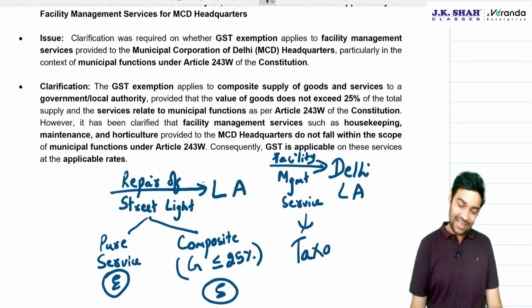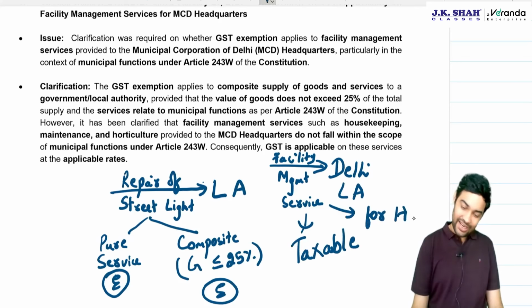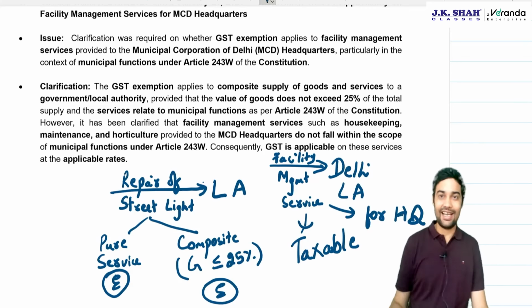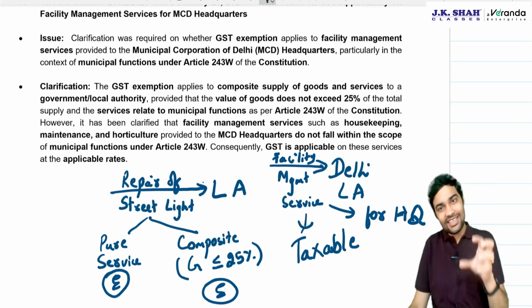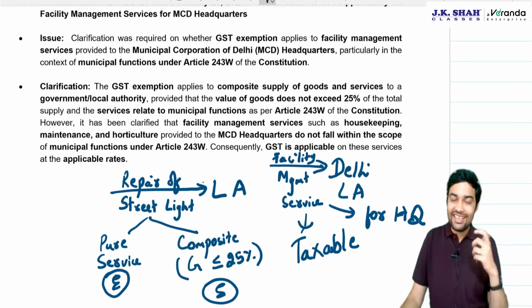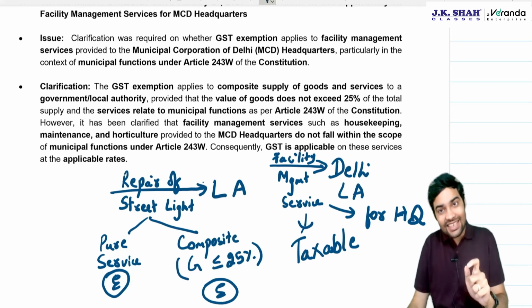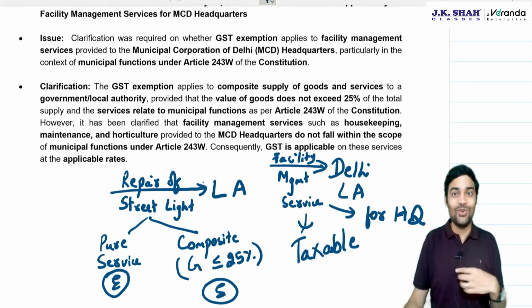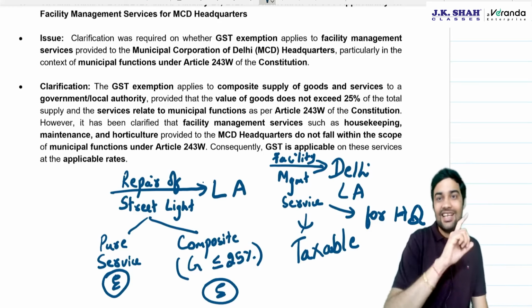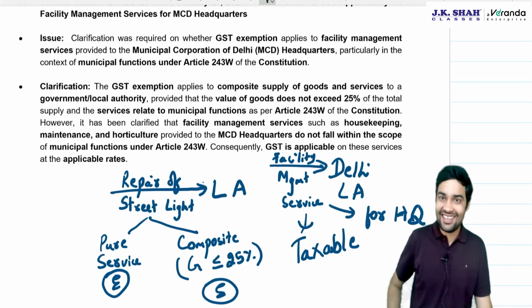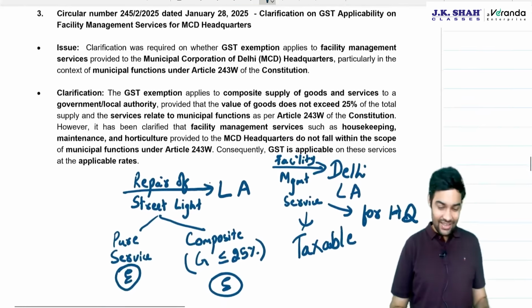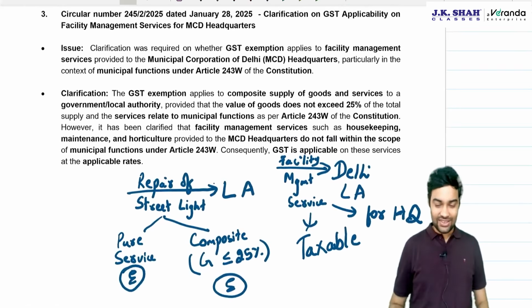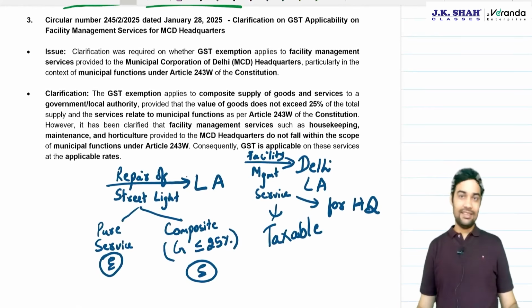This will be taxable for its own headquarter, because the exemption is available only when local authority takes services for functions which are entrusted under the Constitution, not here. Yes. Okay, let's see. And you can pause the video and draw this first. You draw this in this space, then we will read.